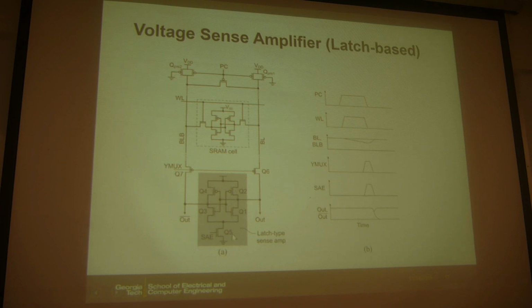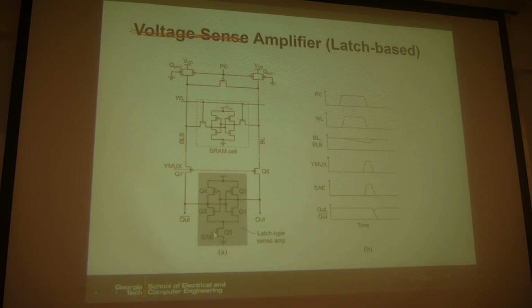Actually, this should not be the voltage mode. I should not say this is voltage mode. This latch-based one is actually more like current mode to me. So you have those two nodes, and before the sense-amp enable signal, those two are at the metastable point.